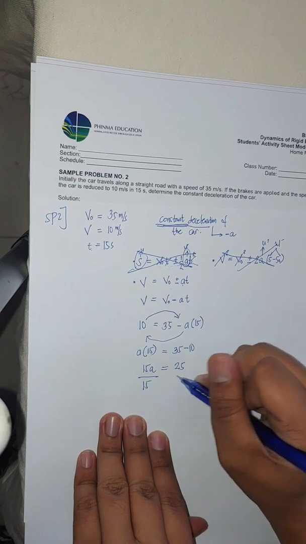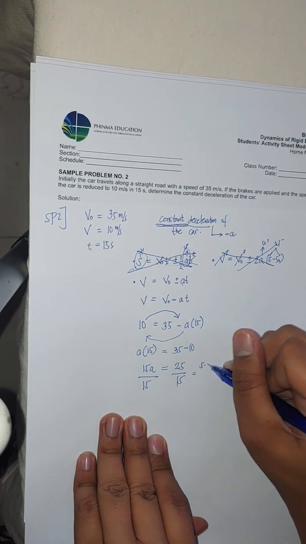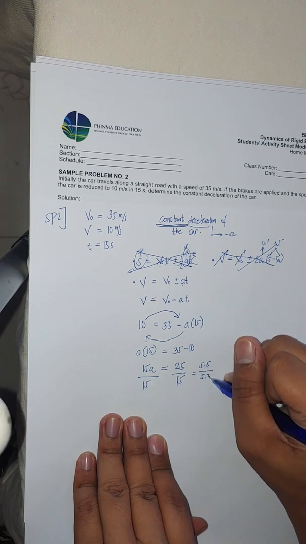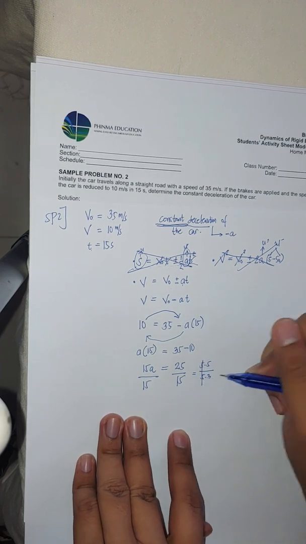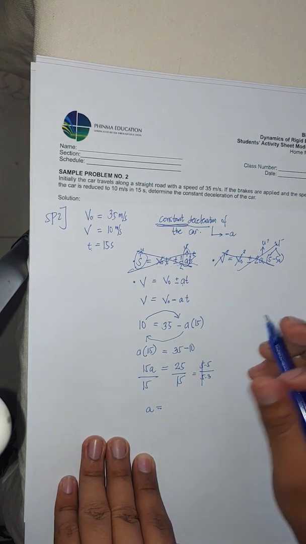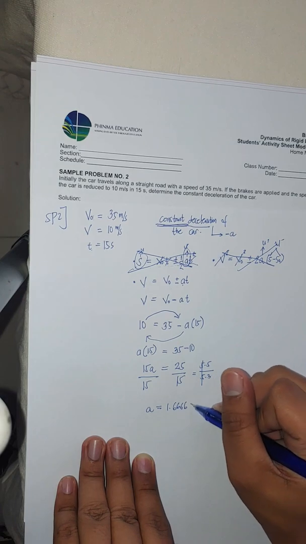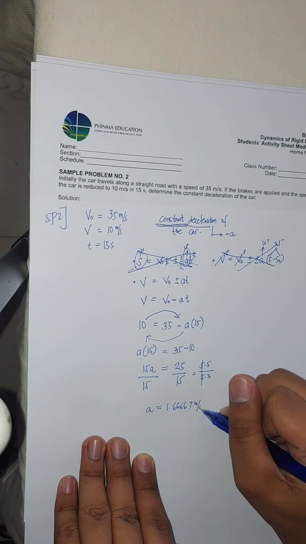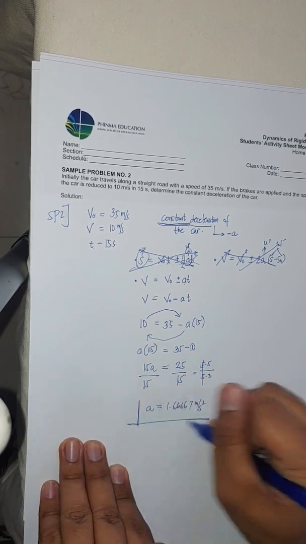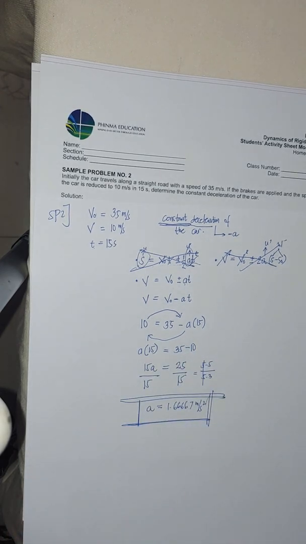Divided by 15, divided by 15. So, this is 5 times 5, this is 5 times 3. Cancel the like terms. So, the acceleration then is equal to 5 divided by 3. That is 1.6666 meters per second squared. Okay?